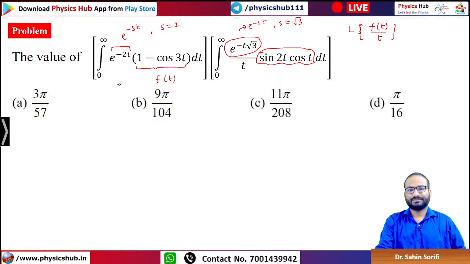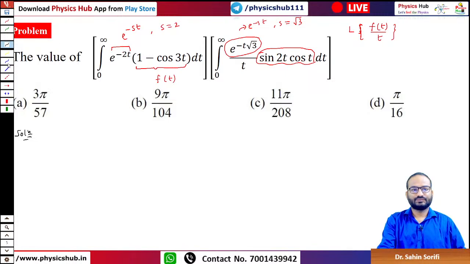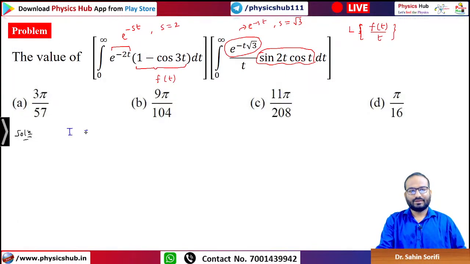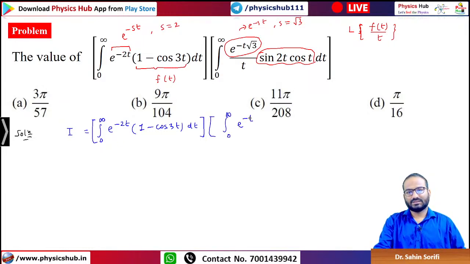So let's call this integration I. You also try, I am doing this along with you. I equals the integral from 0 to infinity of e to the power minus 2t times 1 minus cos 3t dt, multiplied by the integral from 0 to infinity of e to the power minus t root 3 sin 2t cos t by t.